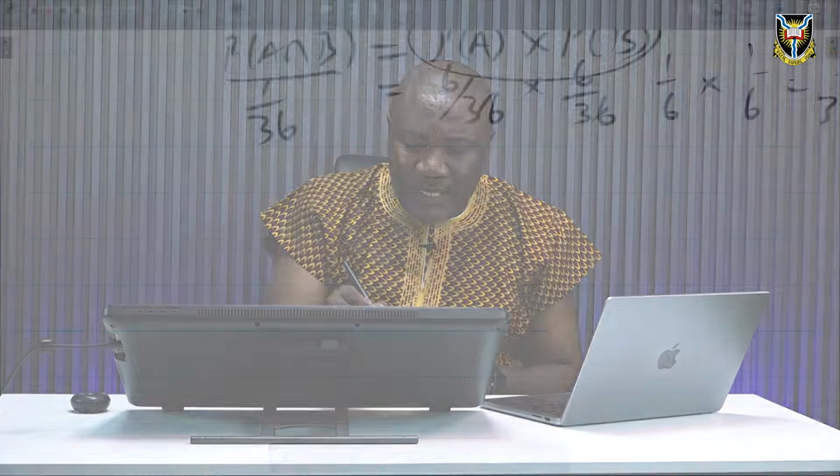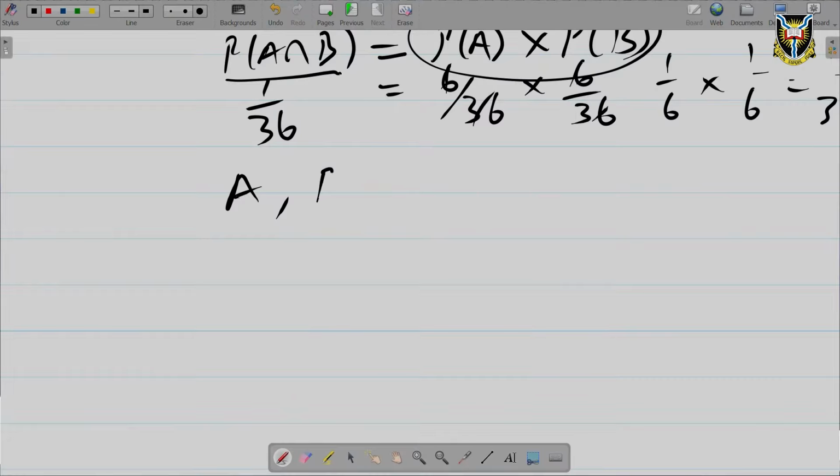Now, it is also very important that you understand that we are talking about 2 events. So what happens if we have 3 events, let's say A, B, and C? The conditions that we are to satisfy to conclude that events A, B, and C are independent are more compared to when we have 2 events.